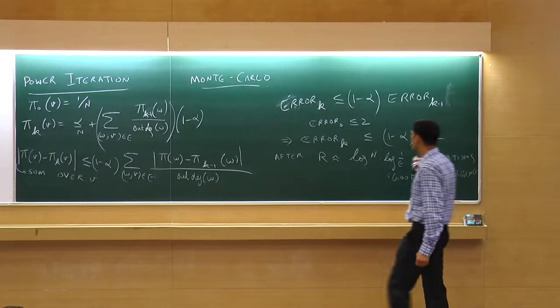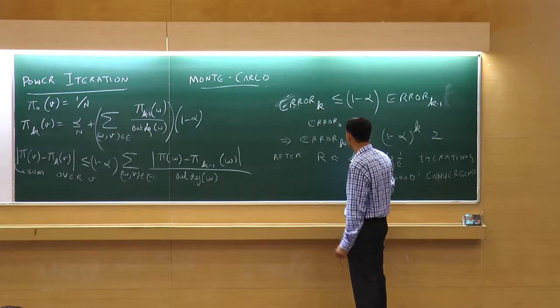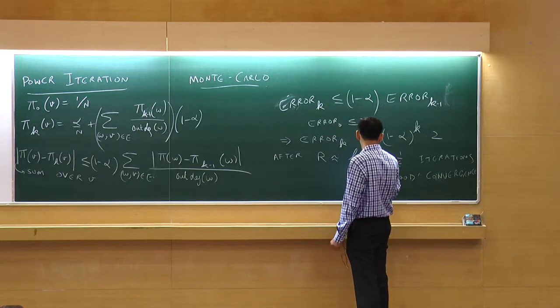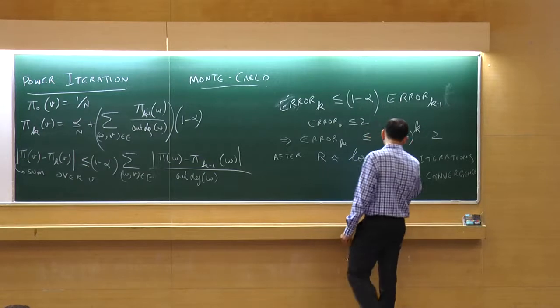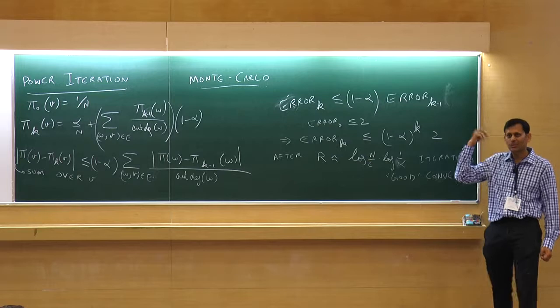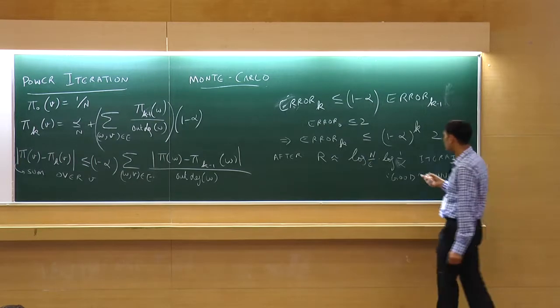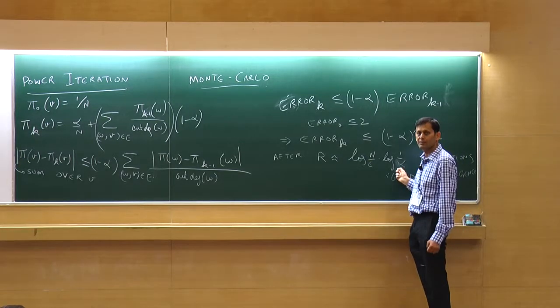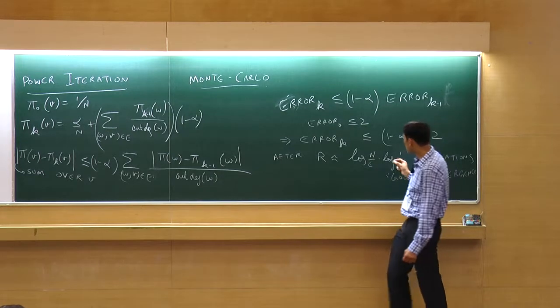Oh, there's also a 1 over alpha, sorry. Is log of n over epsilon. I just switched the epsilon and the alpha in my mind. Is log of n over epsilon times log of 1 over alpha. Okay?